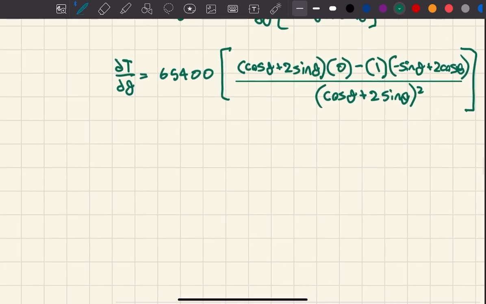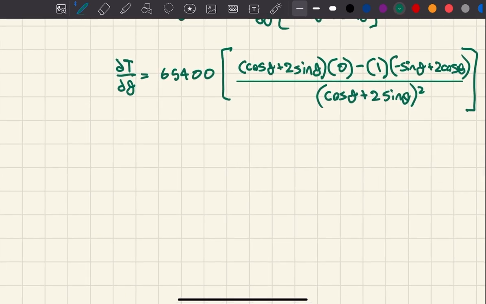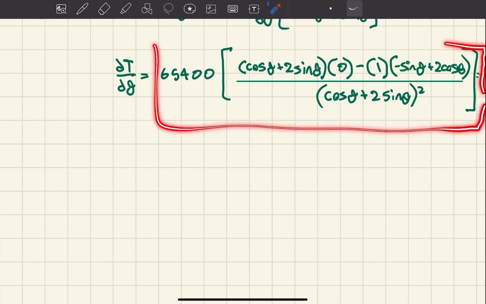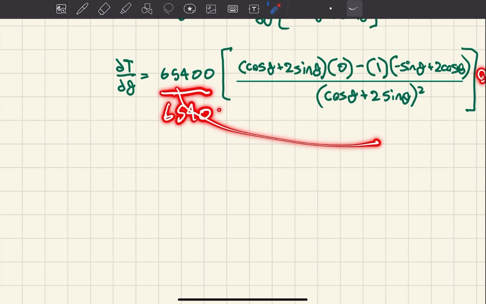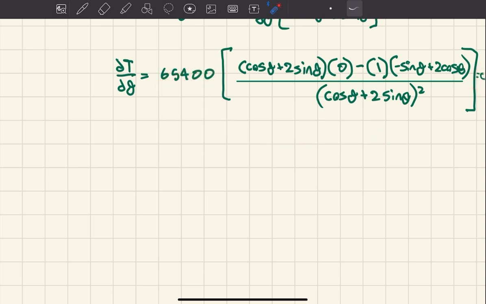Okay, after a bunch of lovely simplification, and remember this is equal to 0 at the end. This is equal to 0. We're only going to focus on this part of the equation from now on, basically, the 0 part. Because this is equal to 0, you can just divide both sides by 65,400, and this guy goes away, and you also can multiply both sides by this term right here.